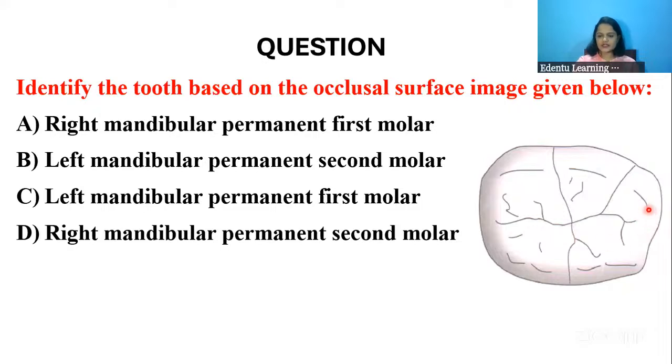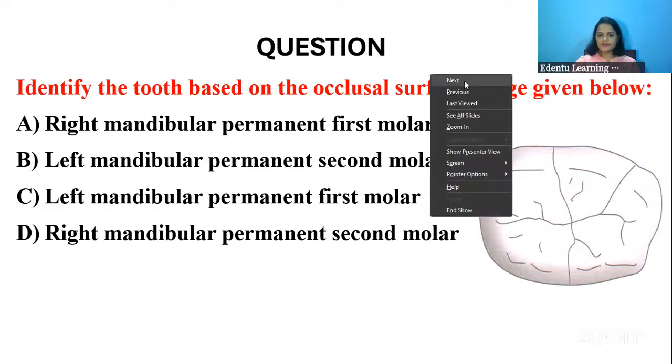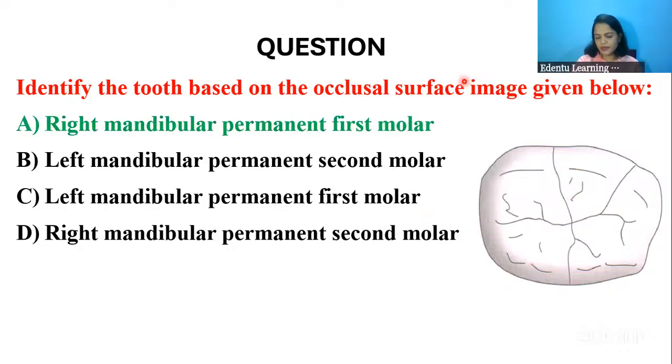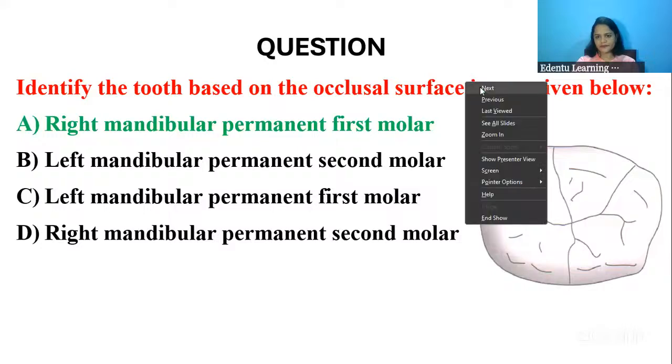And this distal cusp, the shortest cusp, is towards this side, so this is the distal side and this is the mesial side. As I have already mentioned, the three cusps will always be pointing towards the buccal side, so this is the buccal side and this is the lingual side. So the answer is option A, right mandibular permanent first molar.